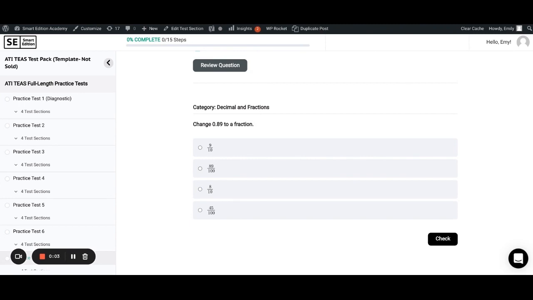Okay, here is another decimal and fractions focused question. This question says change 0.89 to a fraction. Okay, and the answer is B, 89 over 100.